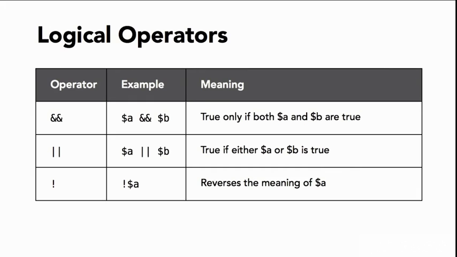The last logical operator, the exclamation mark, is used with a single variable or expression. Placing it immediately in front of a variable reverses its Boolean value. So if A is true, preceding it with an exclamation mark converts it to false, and vice versa. So let's get back to the code.